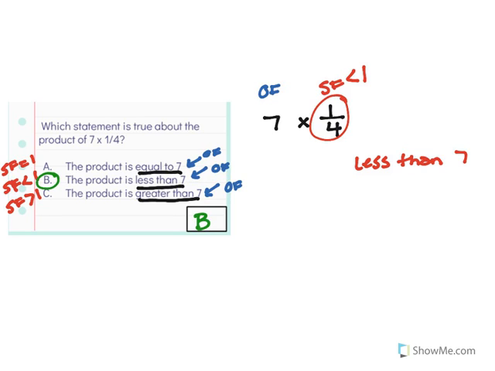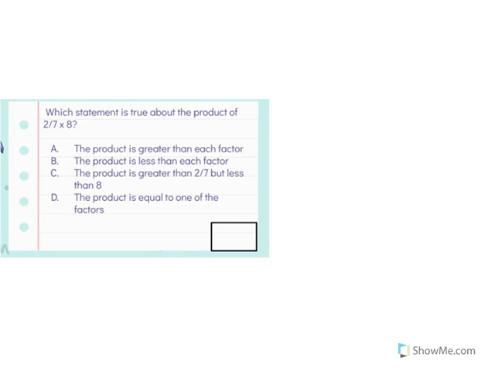Let's try a trickier problem. Here they're asking us which statement is true about the product of 2/7 times 8. But I want you to notice how each statement doesn't really tell us which one is the original factor. It's talking about comparing the product to both factors.